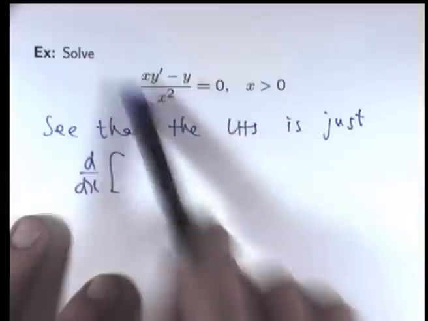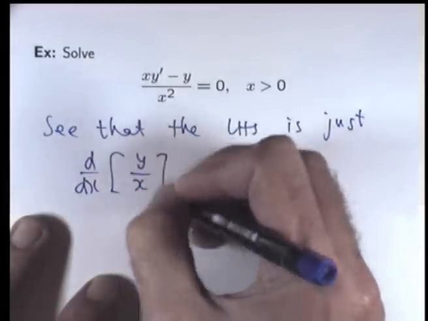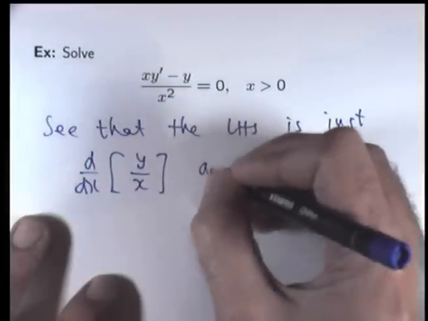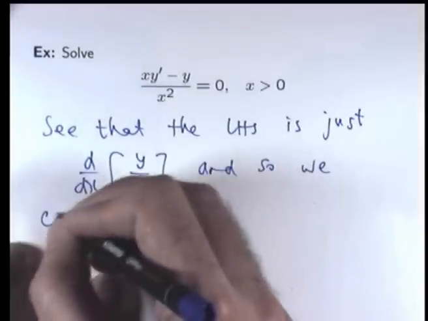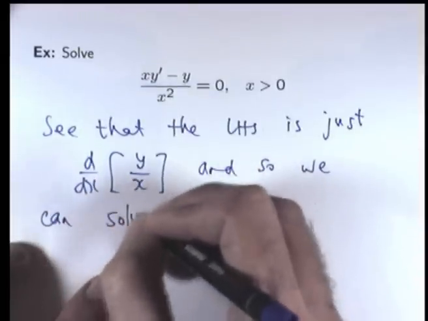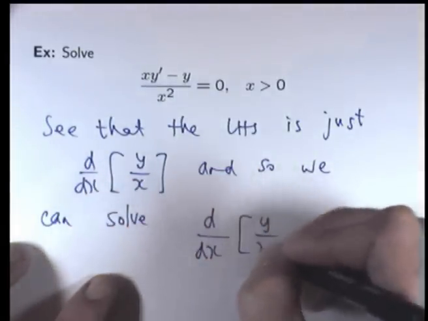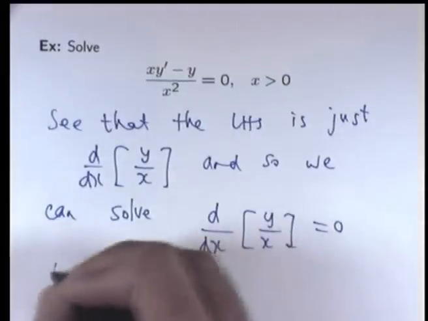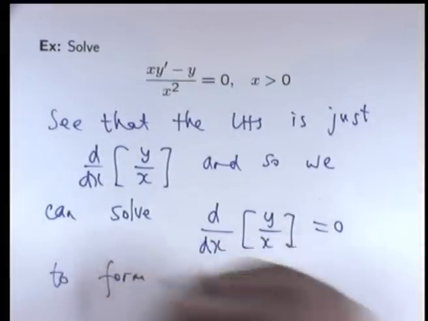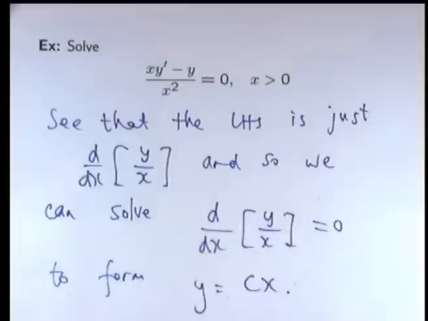So what's that the derivative of? Well, y on x. So we can solve this equivalent equation, integrate both sides, get a constant over here, y equals c times x.